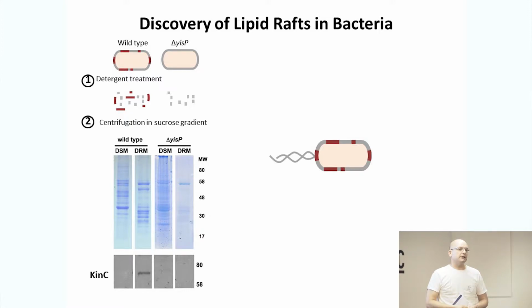So it looks like this farnesol, these lipids that make these domains, do affect KinC, because in the GSP mutant we were not able to detect KinC. We didn't detect it in the DRM fraction, and we didn't detect it in the cytoplasm.